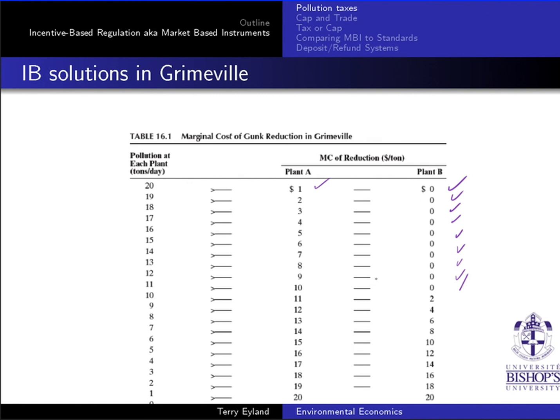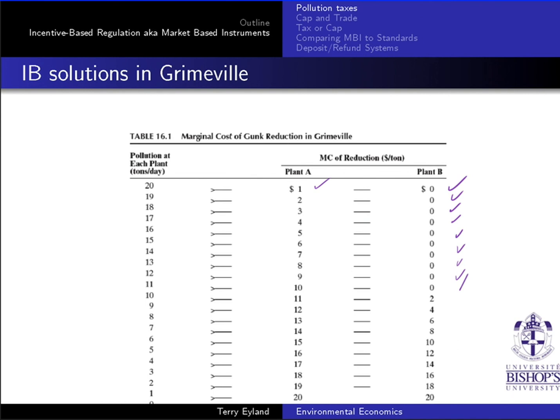If we think of a situation where both of them had a certain level of pollution permits, you could expect that Plant B could sell permits to Plant A so that Plant A reduces its pollution less. And therefore, Plant B reduces its pollution more because it's cheaper for them to do so.